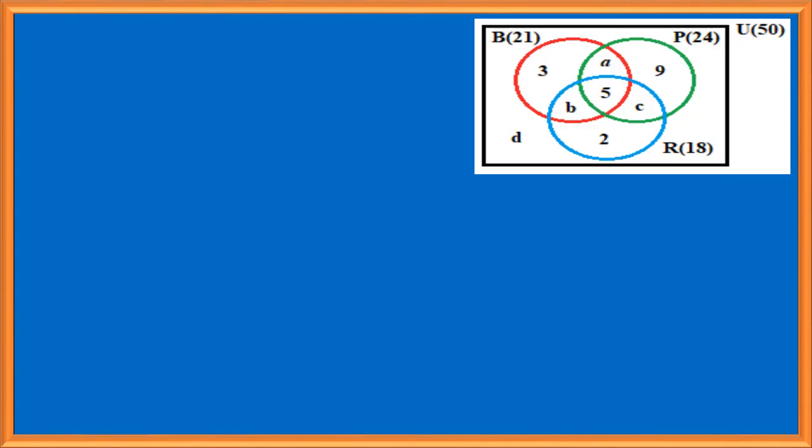Again, we have found the value of A and C. To find the value of B, let's put C into equation 4. Putting C into equation 4, B minus C equal 3.